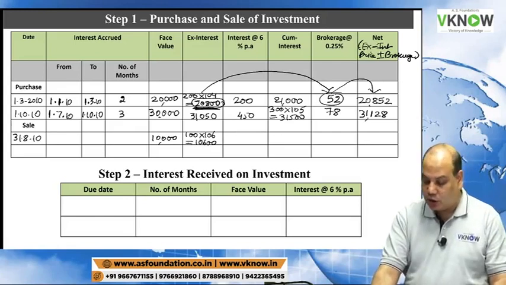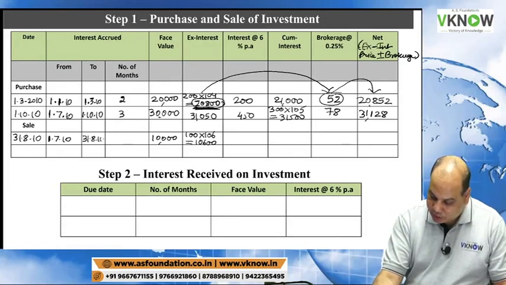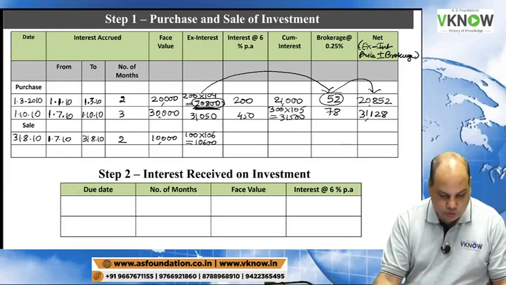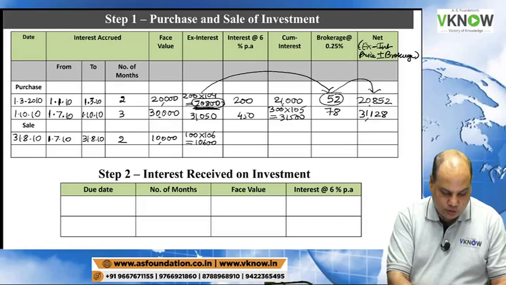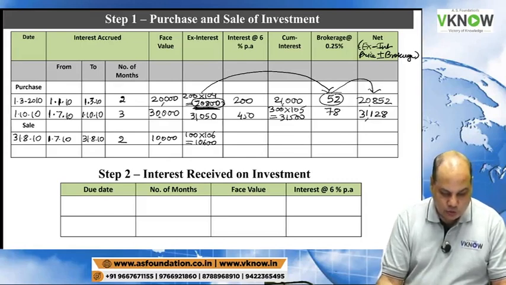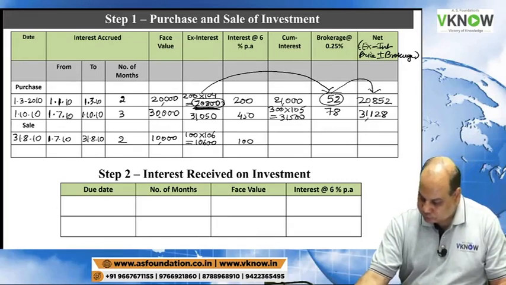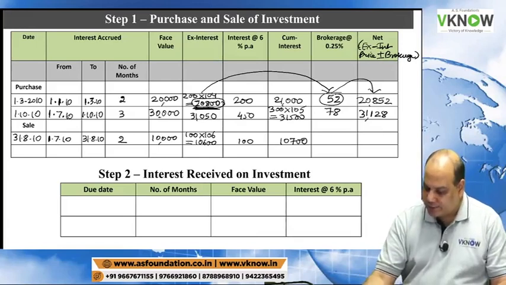Interest will accrue from 1st July 10 to 31/8/10, that is 2 months. So you will take 10,000 into 6% into 2 divided by 12. So it comes to 100 rupees. Cum interest 10,700.